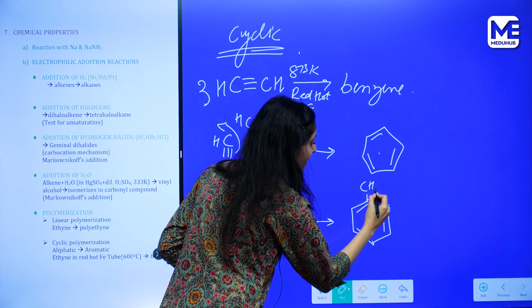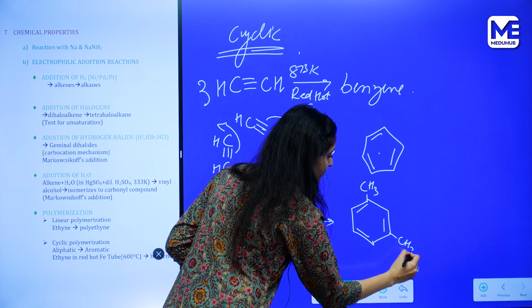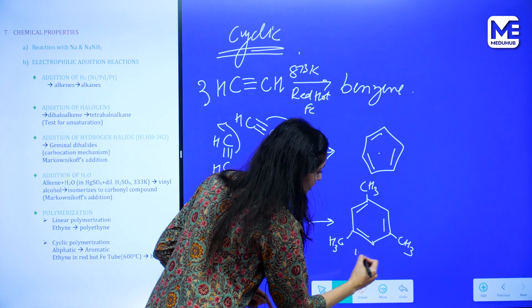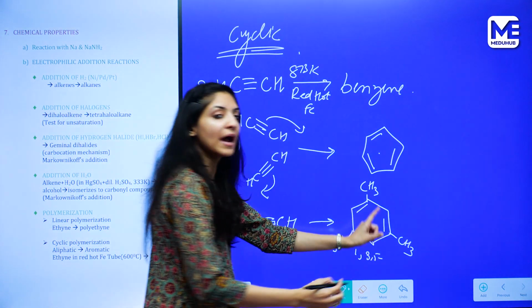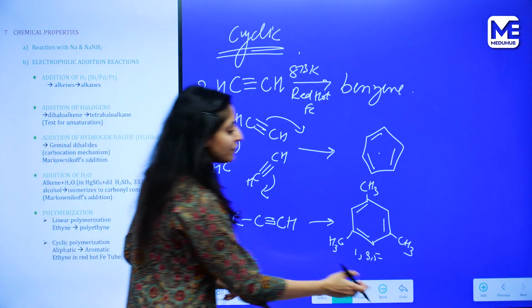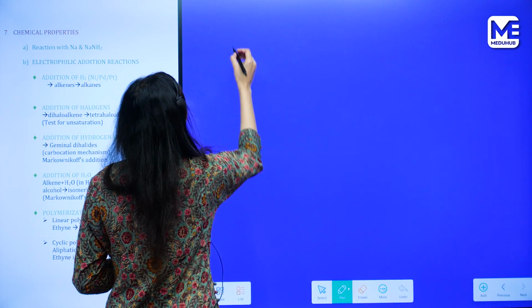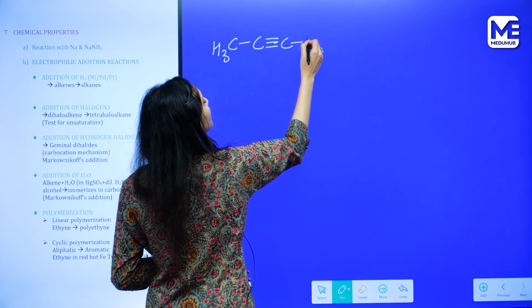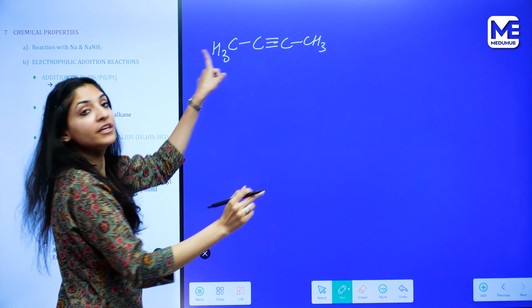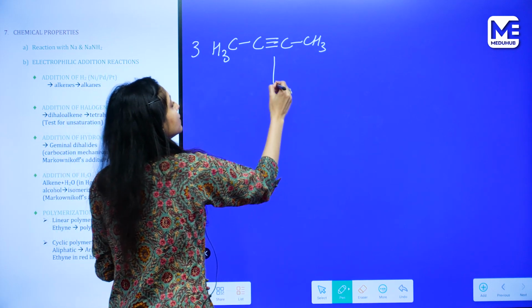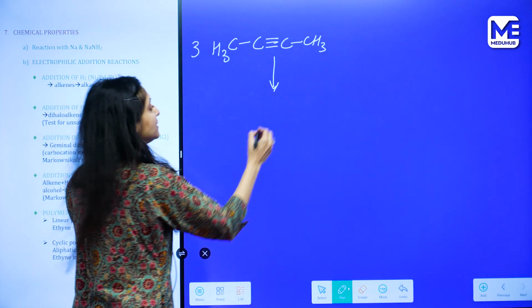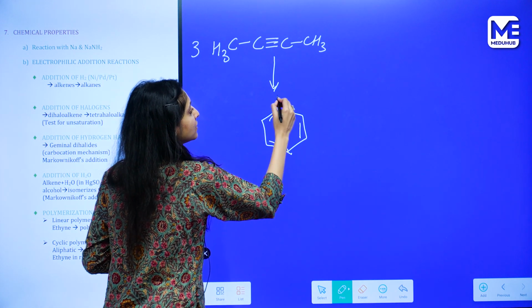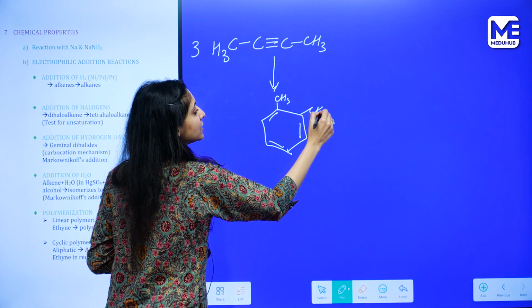a trimethyl benzene. So, this will be a 1, 3, 5 trimethyl benzene. Or if we have a butyne, three molecules of this under these same conditions will give us a hexamethyl product, CH3, CH3.